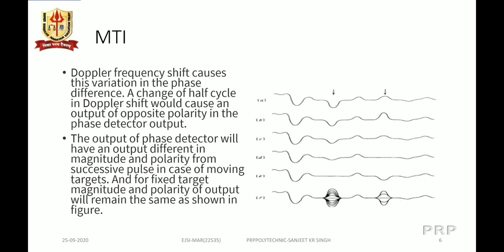So here we see that due to stationary targets, the echoes are cancelled out. The previous scan is subtracted from the present scan and hence echoes are cancelled out, whereas for a moving target, a moving object, there are some loops formed that indicate the presence of a moving target.